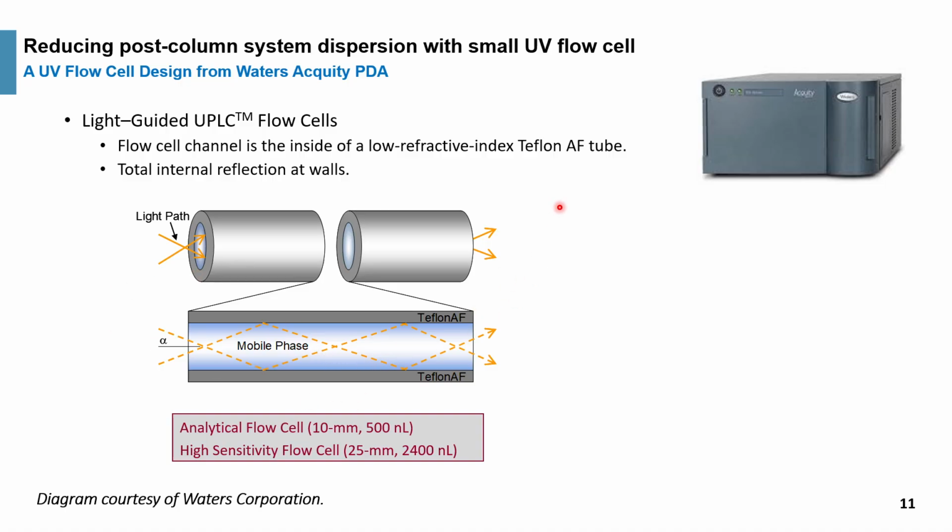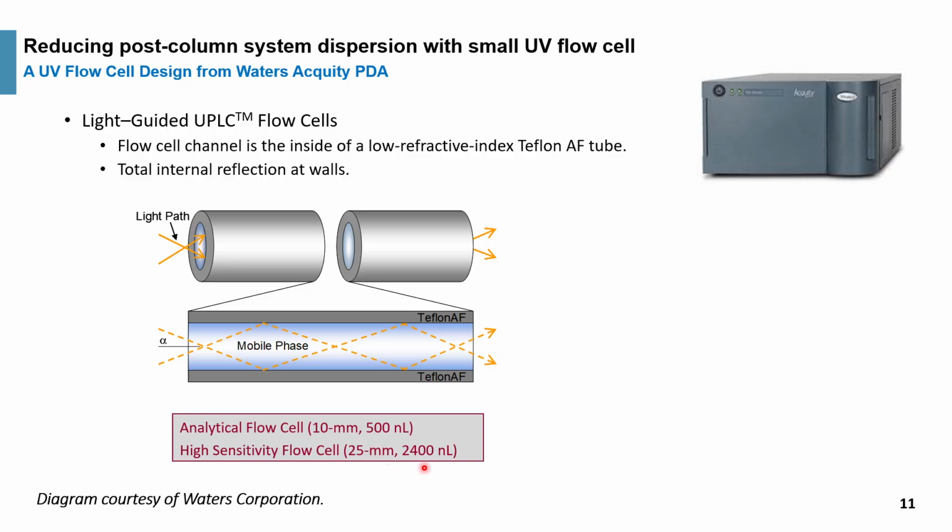The Teflon AF actually has a refractive index that's lower than water, not the regular Teflon. So this flow cell has a path length of 10 millimeters and also a volume of 500 nanoliters, or half a microliter, which is significantly smaller than a regular HPLC UV detector, which has a flow cell of about 8 microliters to 10 microliters.